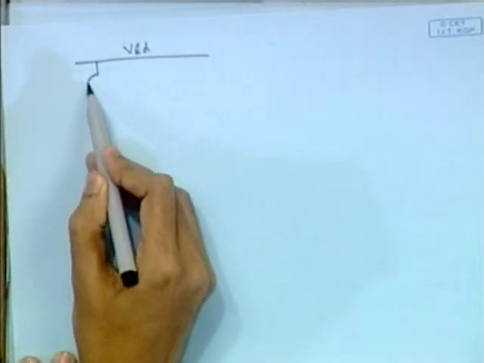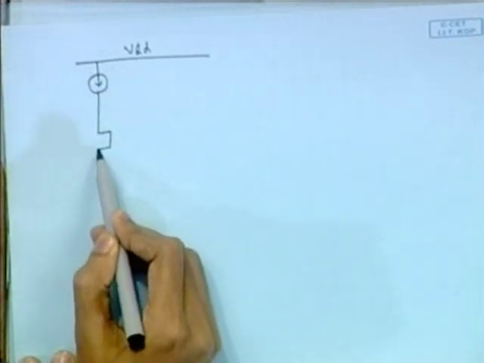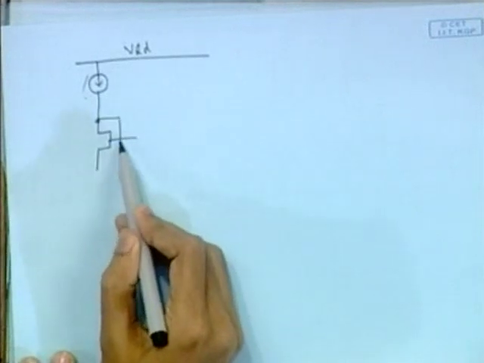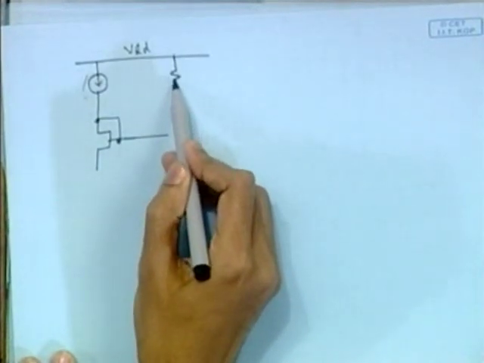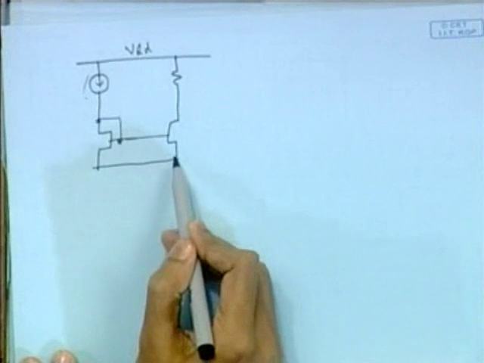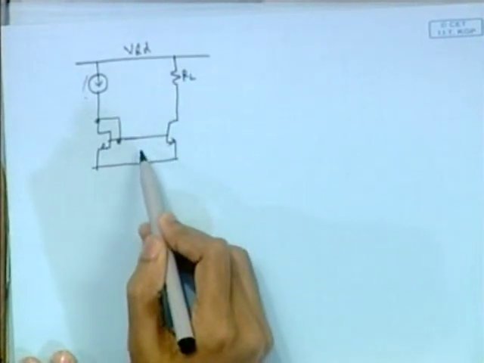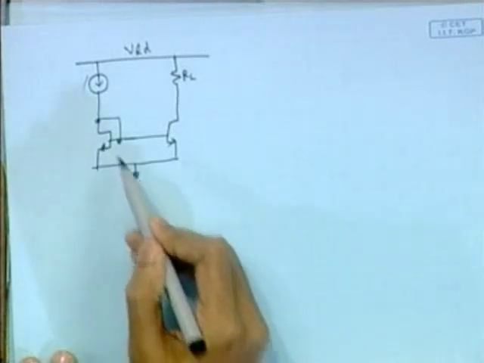So VDD, constant current source, this is the BGR, diode connected MOS. This is the load, RL. This is grounded.